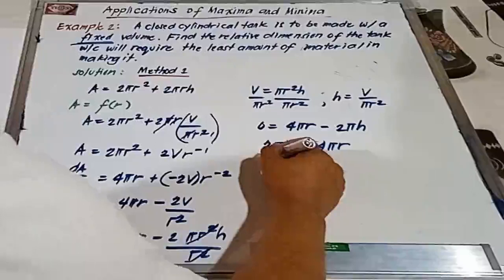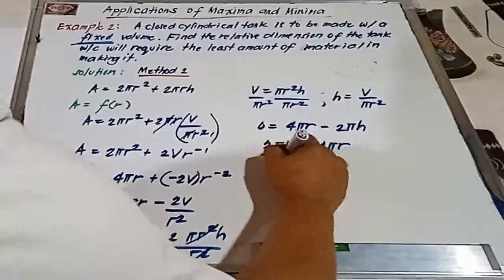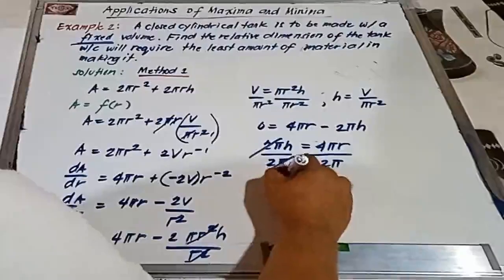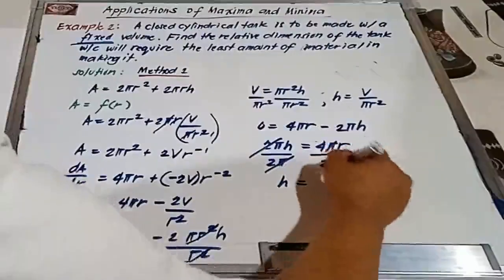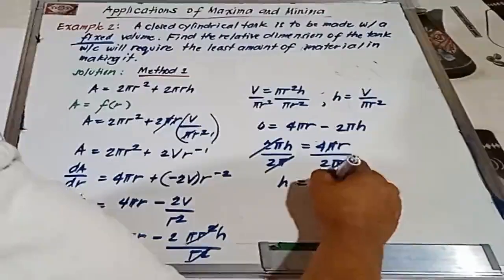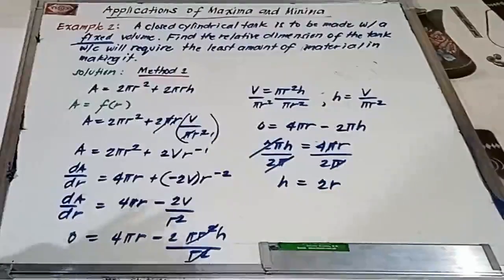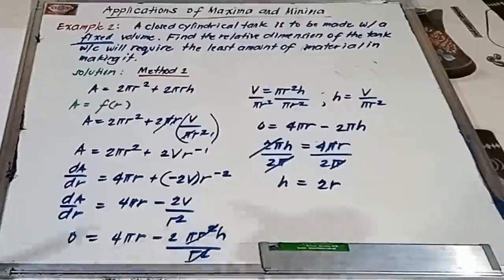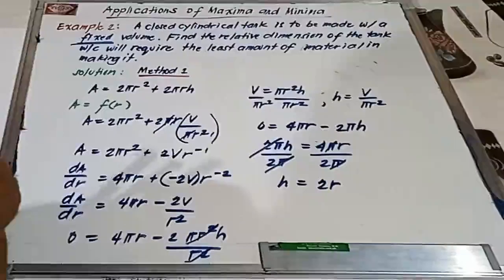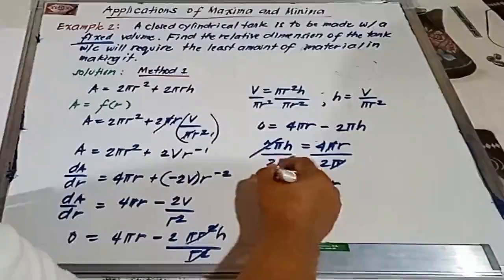So, I'm going to divide both sides by 2 pi para masolve natin sa h. So, we have cancel. We have h equal to, cancel yung pi, 4 divided by 2 is 2, so 2r. So, ito yung relative dimension niya para makuha natin yung minimum material sa paggawa ng ating closed cylindrical tank. So, this is our answer.